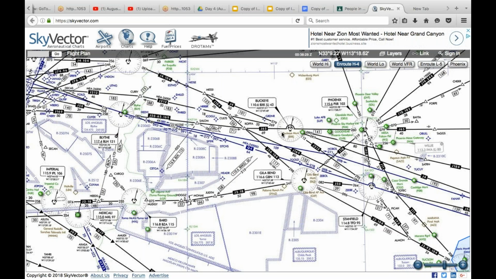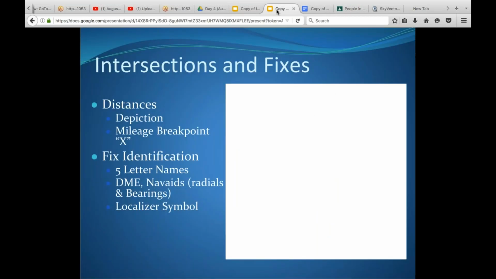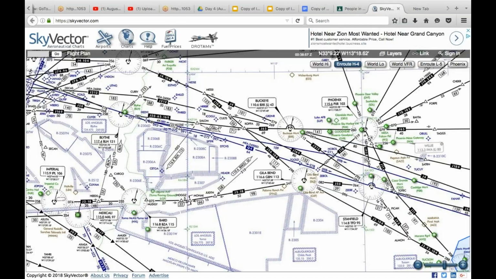There's going to be different ones. So when you look at these distances, sometimes you just go and you add them up.